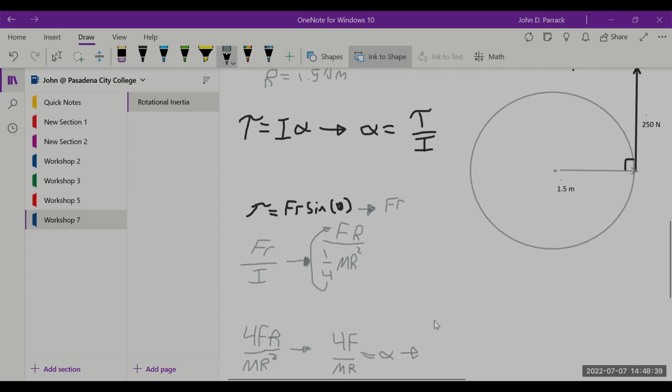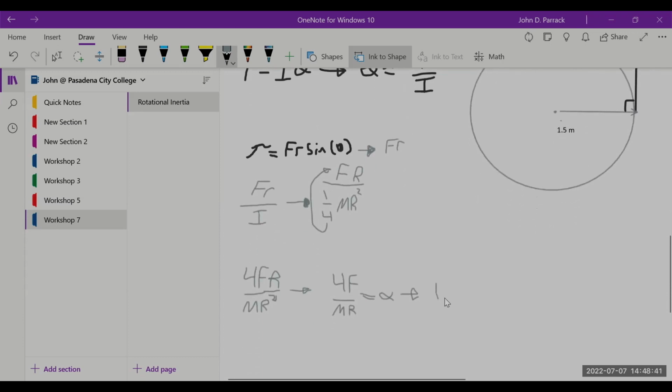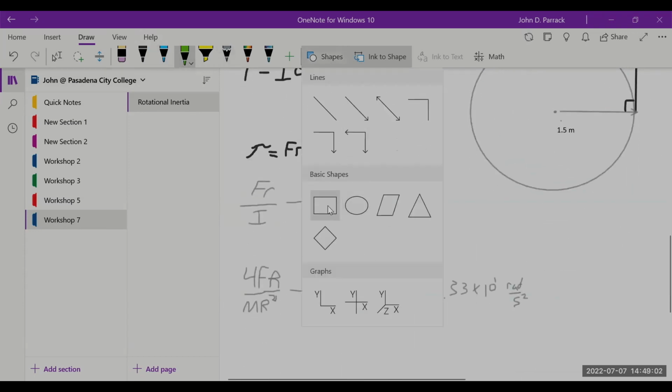I get an angular acceleration of 1.33 times 10 to the 1 radians per second squared. Okay, and there we go. So there's our answer. Put that in a box.